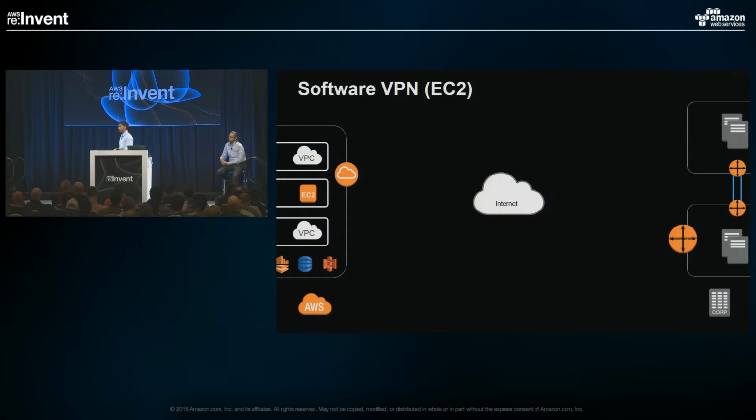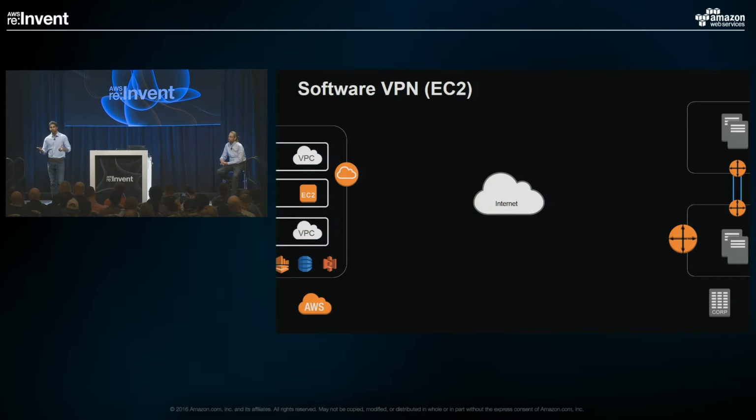Now, to set it up, you'll have to create an EC2 instance in the VPC that you want access to. Make sure you have an internet gateway attached to this VPC, and this EC2 instance is reachable over the public internet using an Elastic IP. Next, you'll deploy VPN software on this EC2 instance.